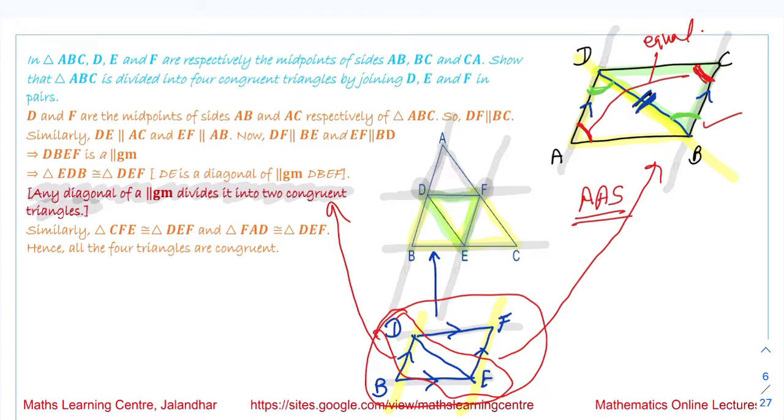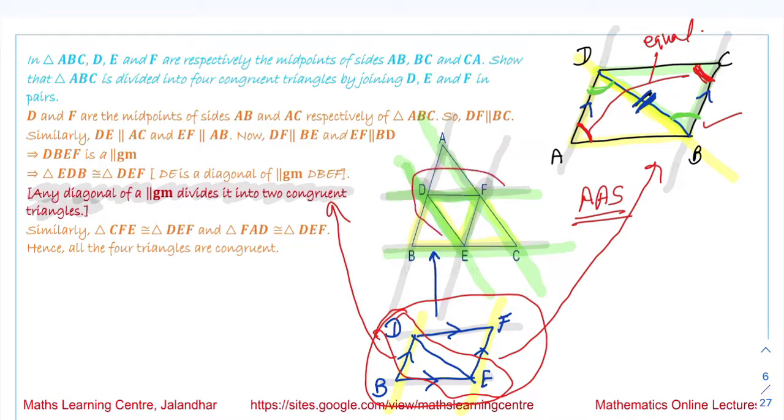Similarly, if I am talking about this line AF, this line AC and this line over here, these two lines are parallel to each other. DF and EC are parallel to each other.